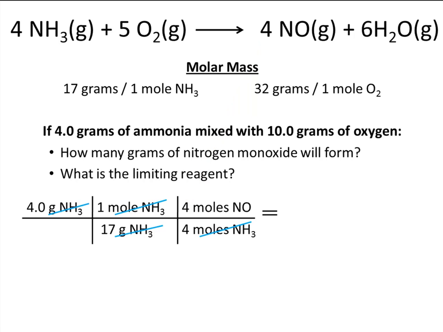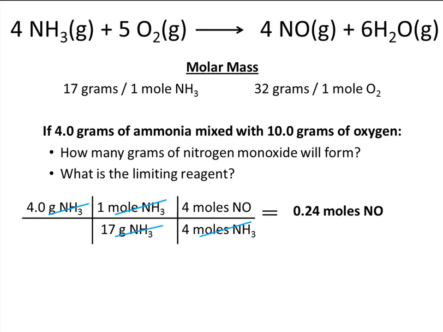With cross-canceling, we are left with moles of NO, which is the unit of our desired answer. Plugging this into our calculator, we get 0.24 moles of NO. This tells us that 0.24 moles of NO will be made from 4 grams of ammonia.